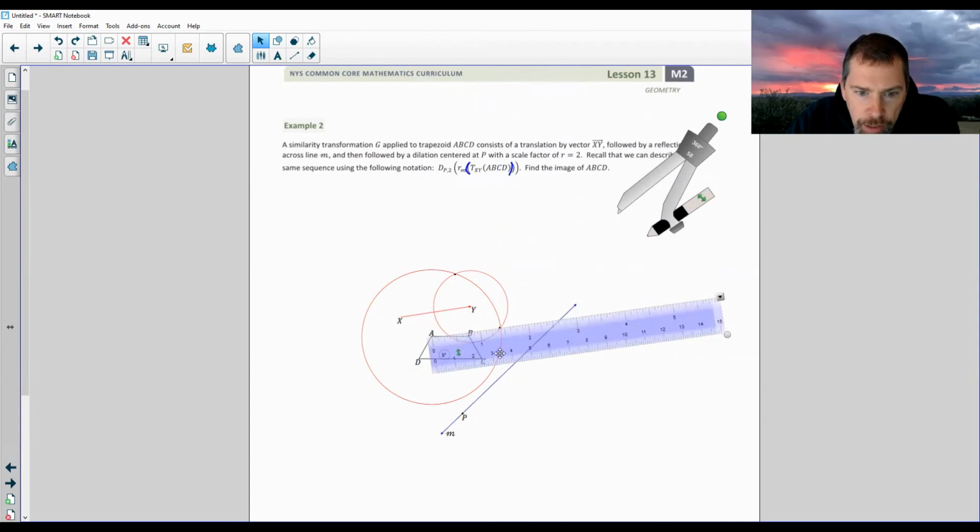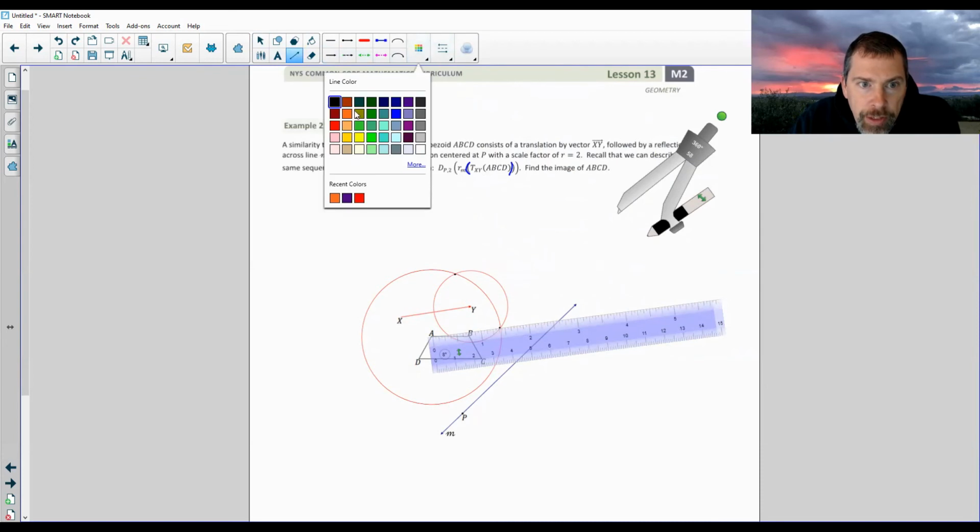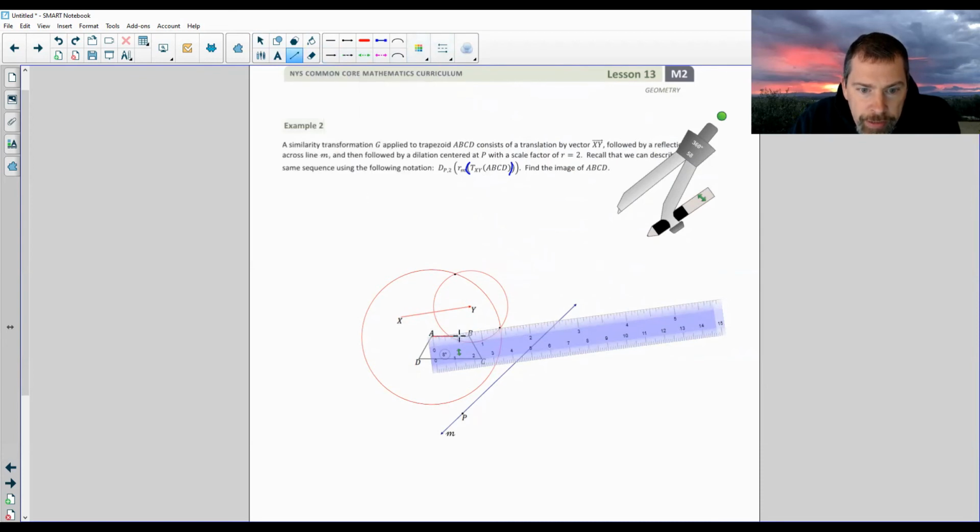So I draw, let me make sure this is accurate, a segment, or a ray, I should say. Let's do a ray. And I'll make it red. And I start at A, and I draw it to here. All right.